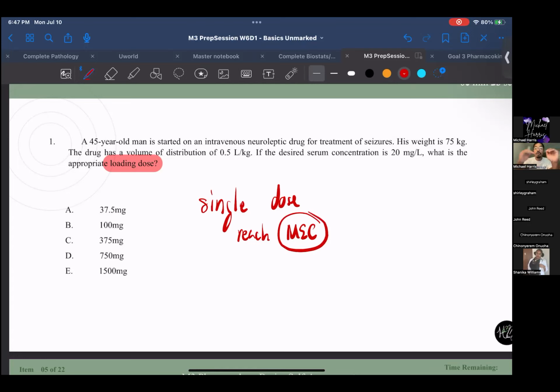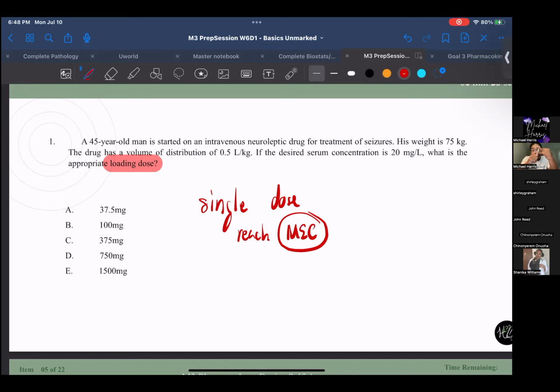If you wanted to give multiple doses, then I'd say clearance is very important. But you're just giving one dose. Why are you worried about how fast he clears it out? Are you going to give him another dose? Is that why you want to know that? Yeah, exactly. If it's one dose, you don't need to worry about clearance. All you need to worry about now is how much volume he has and what your target is.